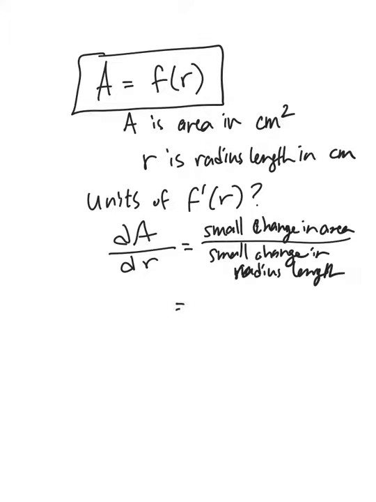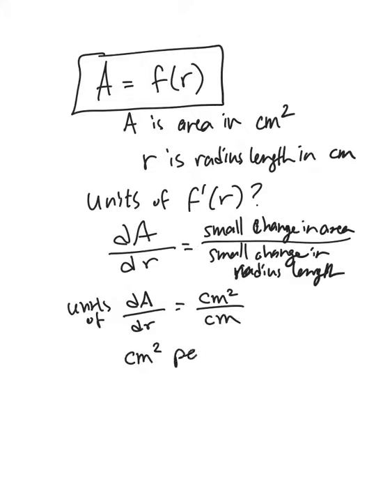The units for that, the units of dA over dr, or the units of f prime of r, would be centimeters squared in the numerator and centimeters in the denominator, or square centimeters per centimeter.